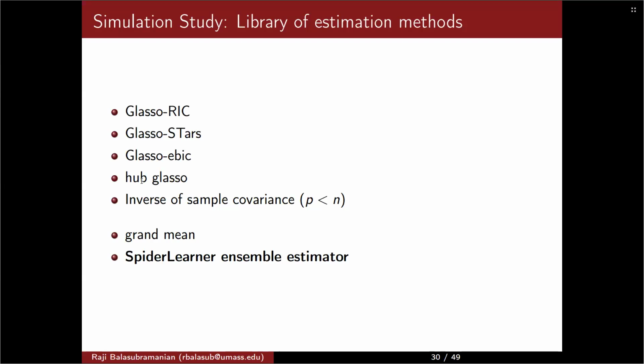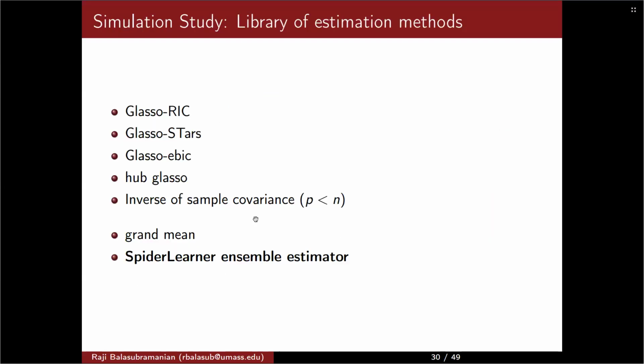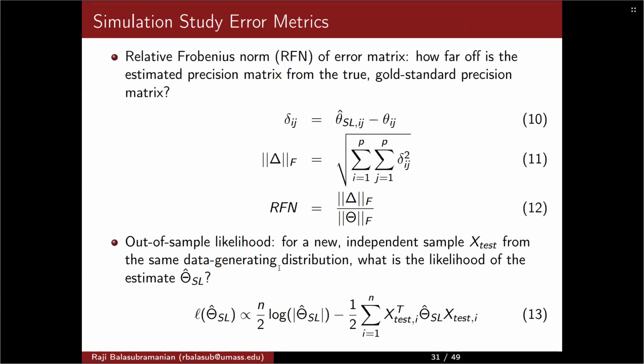And then we also have the hub graphical lasso, which is a variant of the graphical lasso that is very particularly tailored to networks that actually look like this. So we have these various individual approaches that we can compare the SpiderLearner estimator to.